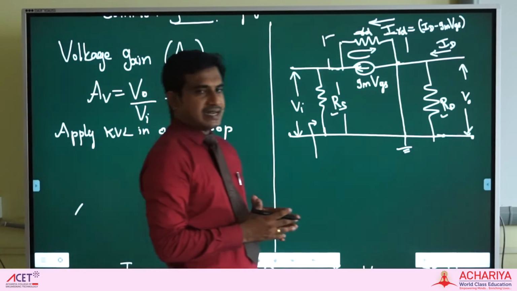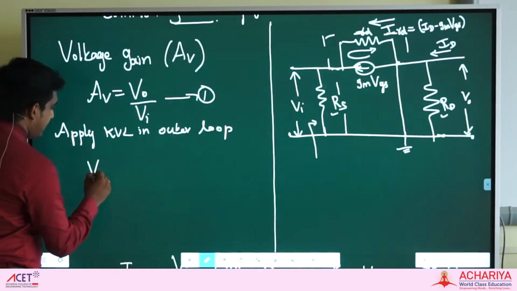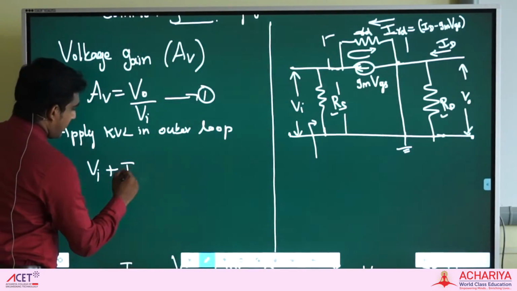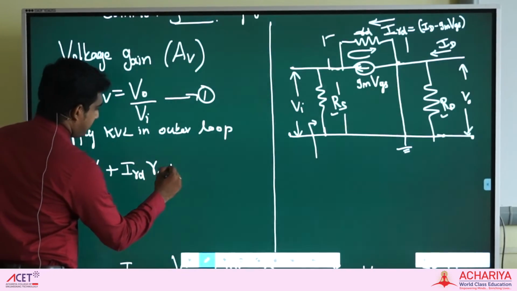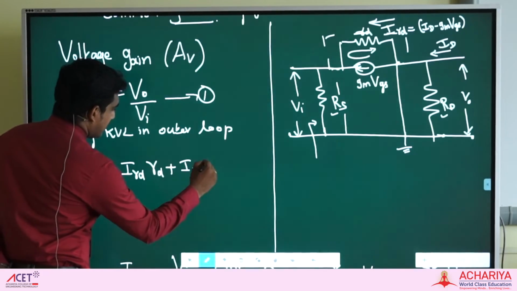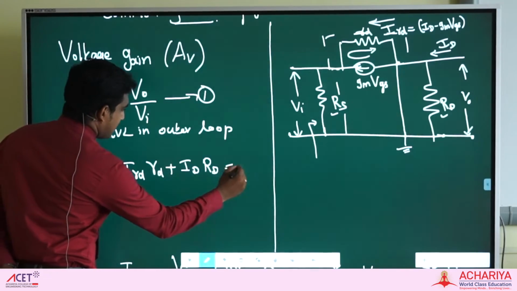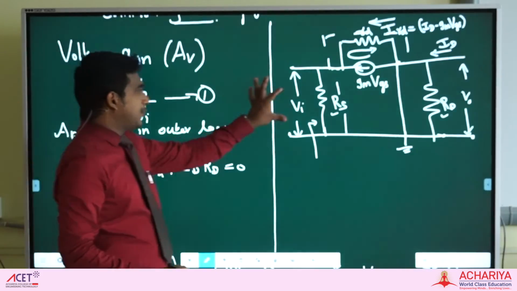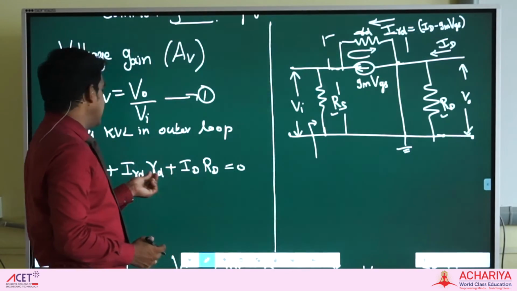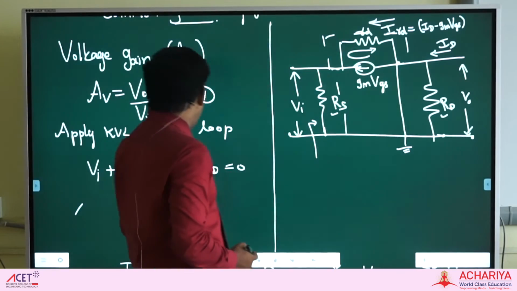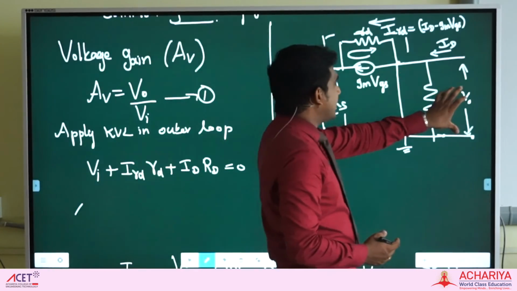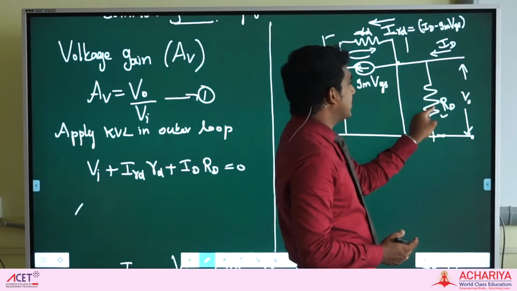So from this we can write the equation VI plus I rd into rd plus ID into RD is equal to 0. VI is the input voltage, I rd into rd is the potential drop across the resistance rd, and ID RD is the output voltage, where the output current is ID and the output resistance is RD.